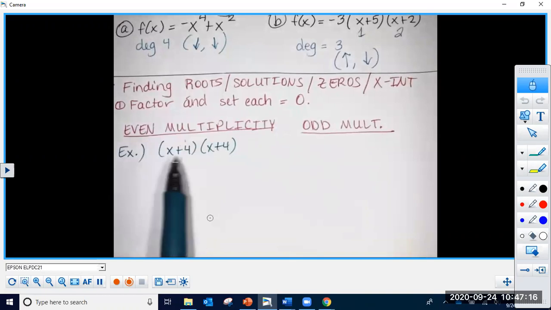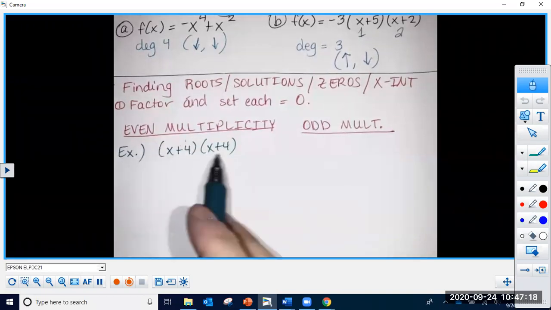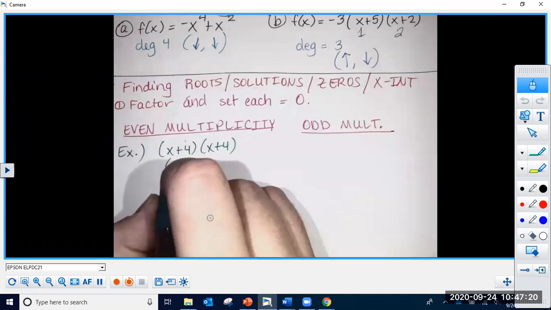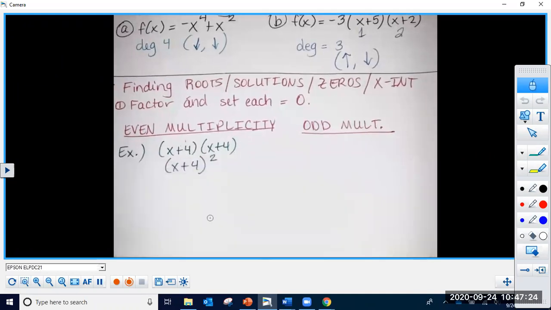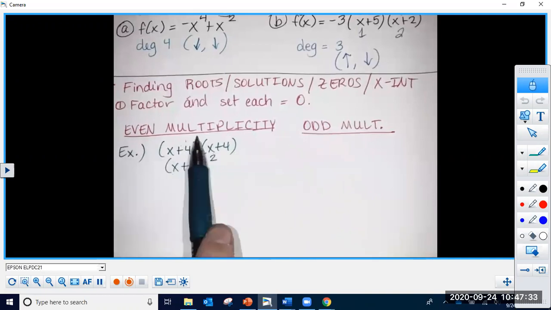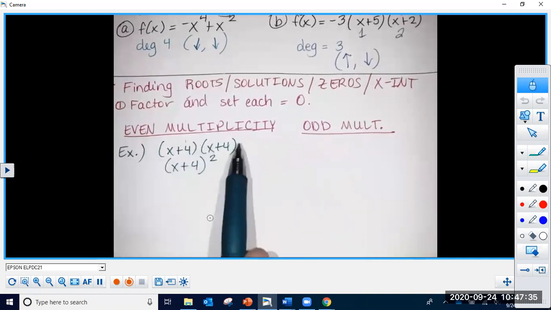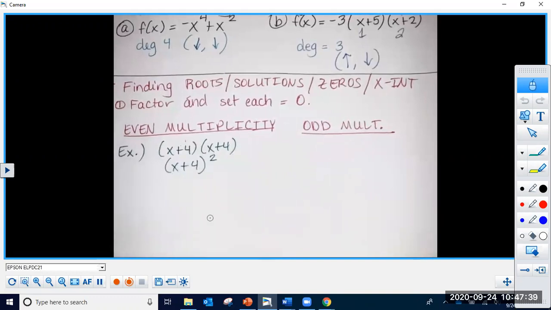Twice. So that, of course, is an even multiplicity. Another way you could see that written is x plus 4 squared. Or you could have x plus 4 to the 3rd times x plus 4 to the 1st. That would be, of course, a 4th, or even, multiplicity.